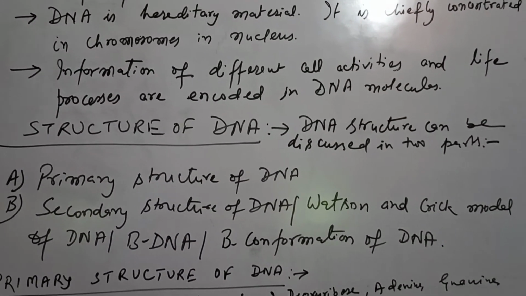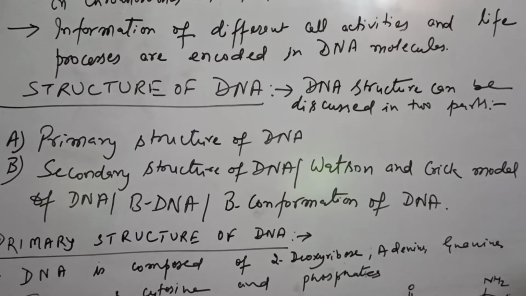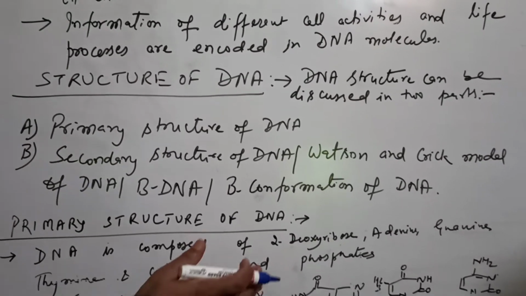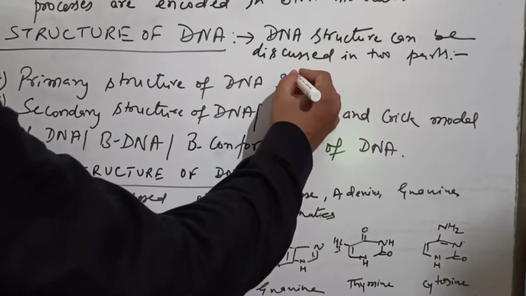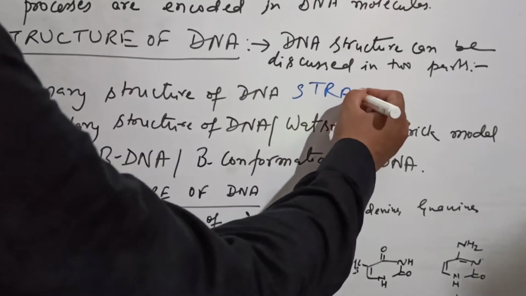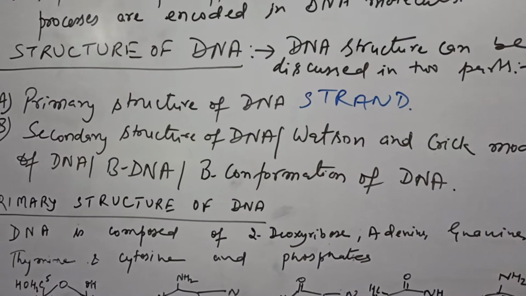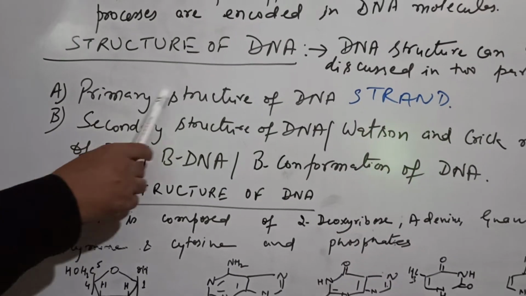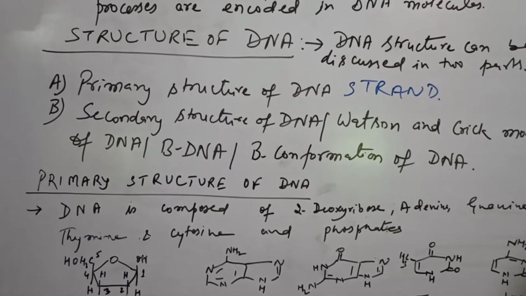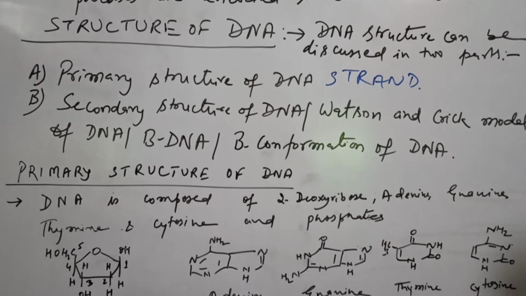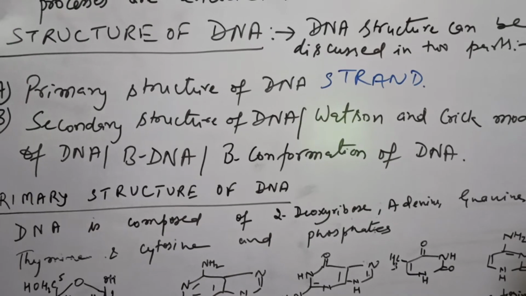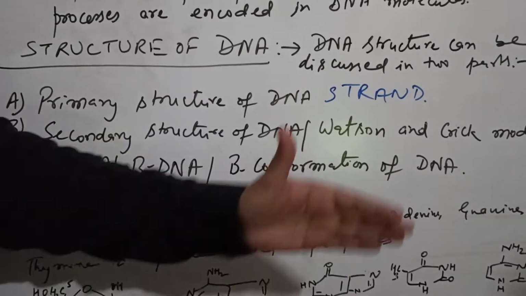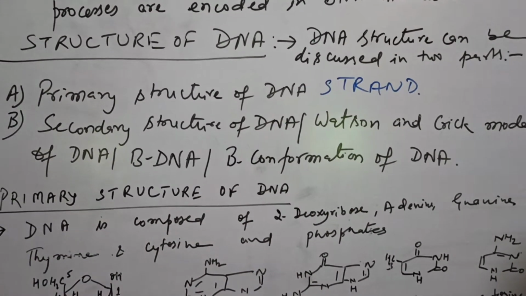Now let us talk about the structure of DNA. We discuss the structure of DNA under two heads. The first is the primary structure of the DNA strand. All this we will gradually know, the strand, the double helix and so on.